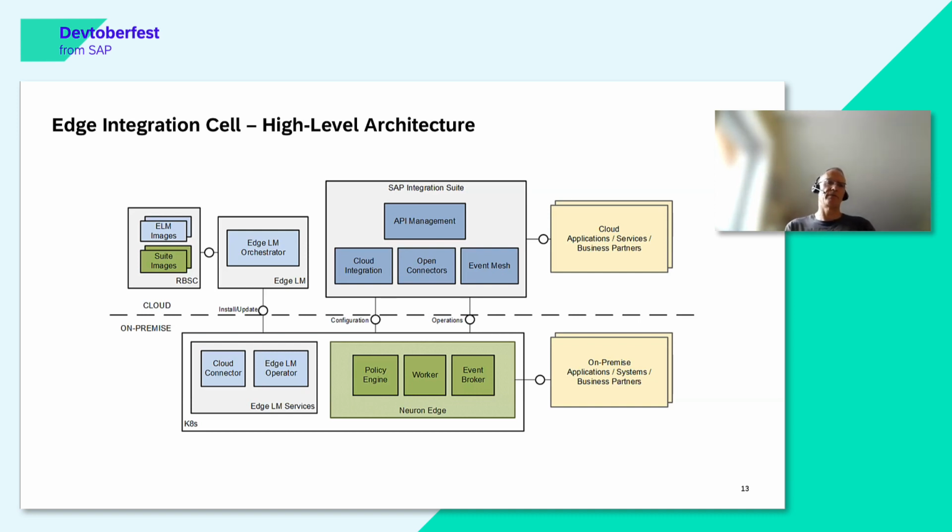So our solution is split into different container images that are delivered via this repository-based shipment channel. And the Edge Lifecycle Management deploys the images into the Kubernetes cluster and builds up the Kubernetes resources based on Helm. Helm is a packaging manager for Kubernetes.